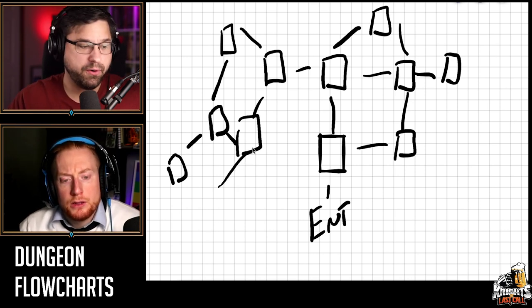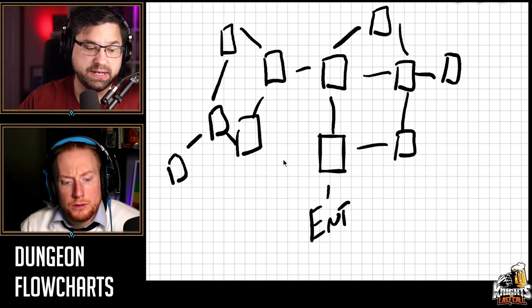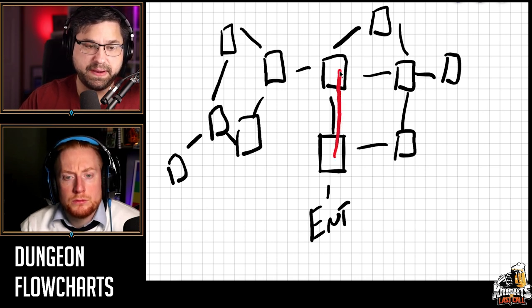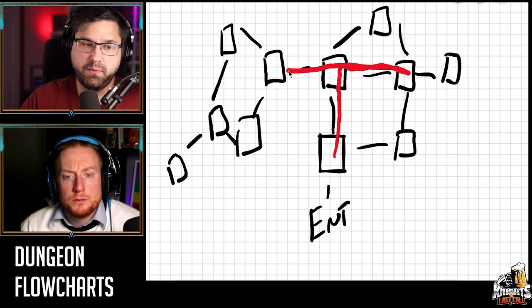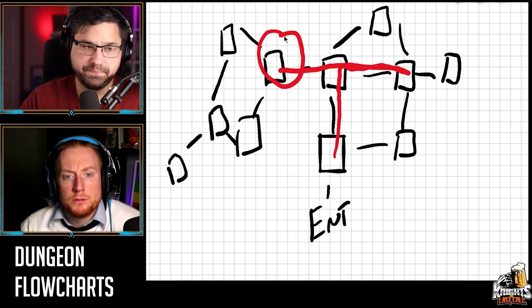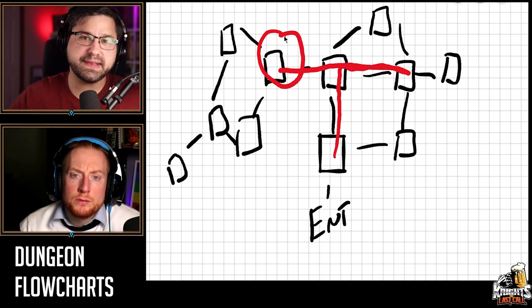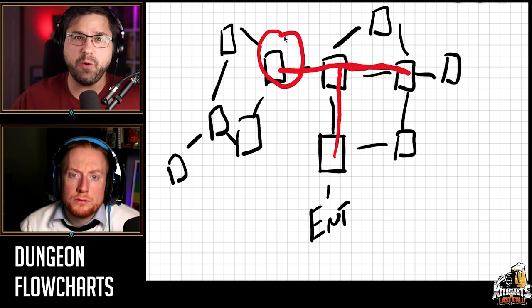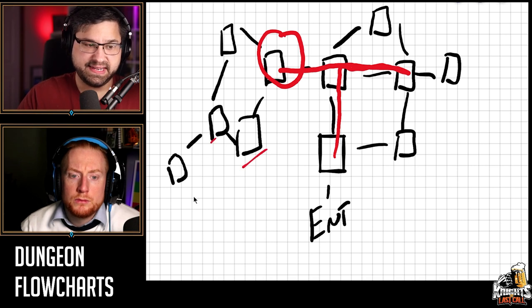What's most important is that when the players are exploring your dungeon and they discover this room, it's like discovering an opening to a new area. It's rewarding them by giving them access to additional areas.